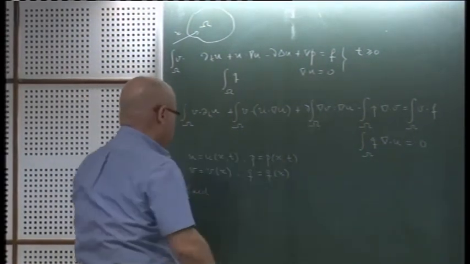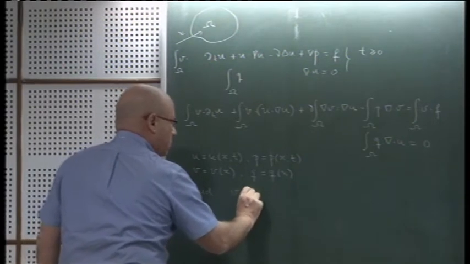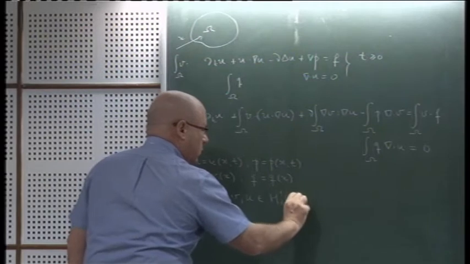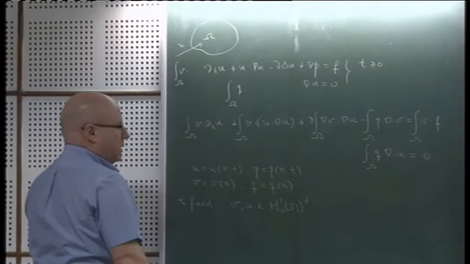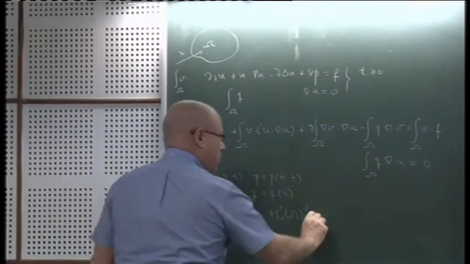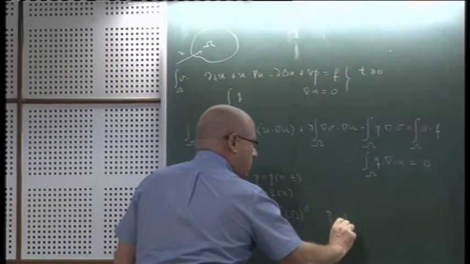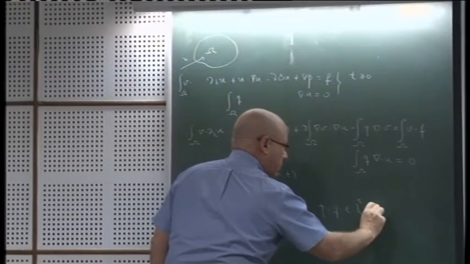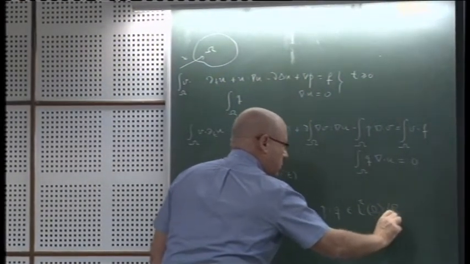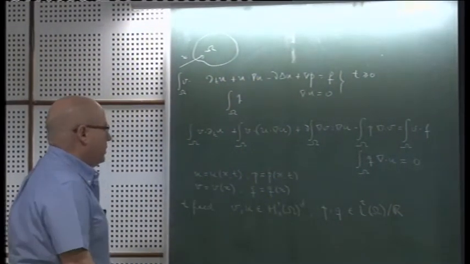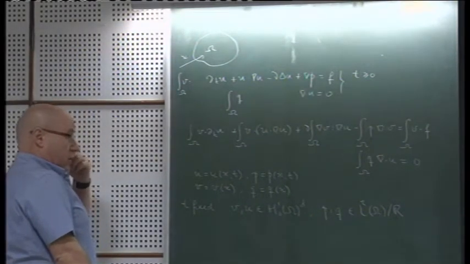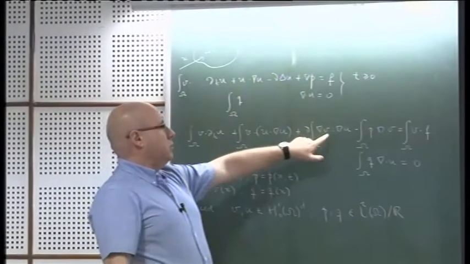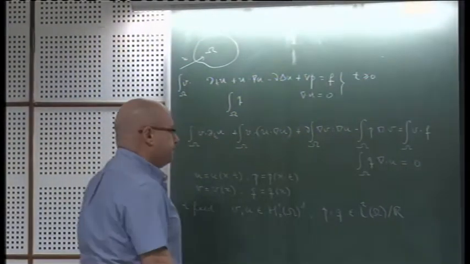So we need the velocity, the test functions and the unknown, to be in H1, all the components, so we are in d dimensions, and the pressure has to be in L2, modulo constants. Okay, this is the same as we had for the Stokes problem, so I think it doesn't need much explanation. Why? Because we have this term, and this one, okay?